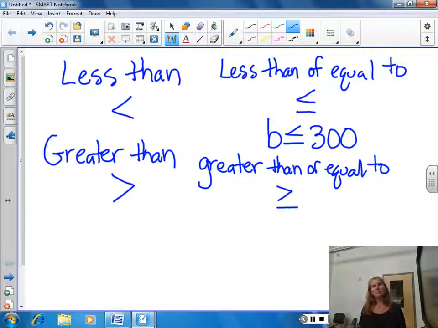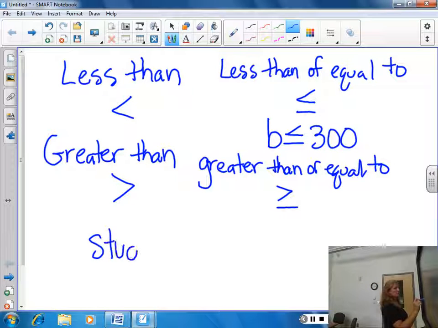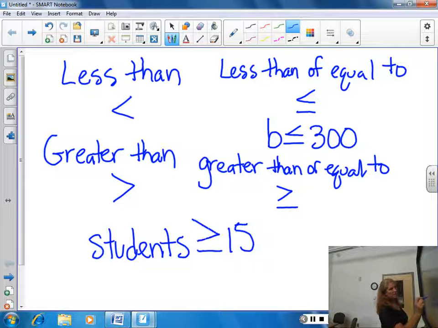A classroom has to be maybe the most you can put in a classroom is 50. So it could be exactly 50, it could be less than, it could be less than or equal to. Sometimes on this campus we say you can't teach a class unless you have at least 15 people. So that means the students in the class could be exactly 15 or you could have greater than.